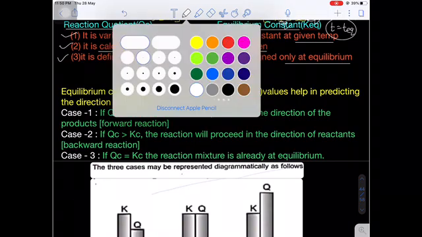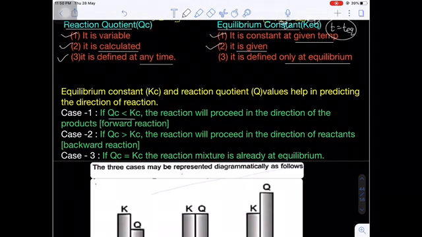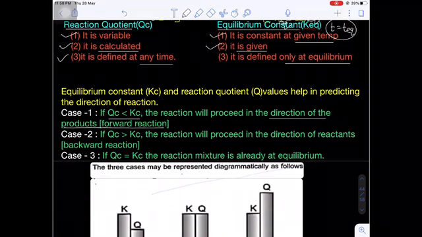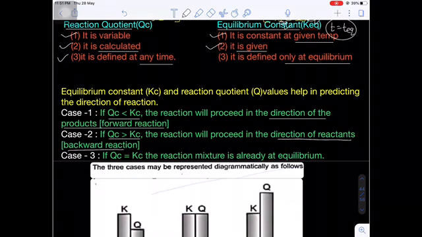Number 1, if the Qc value is less than Kc, that means Qc is small and Kc is high, then the equilibrium shifts in the forward direction, that is towards product formation. This is very important. Number 2, if Qc is greater than Kc, then the reaction proceeds in the reverse direction, that is the backward direction, that means towards the reactant side.